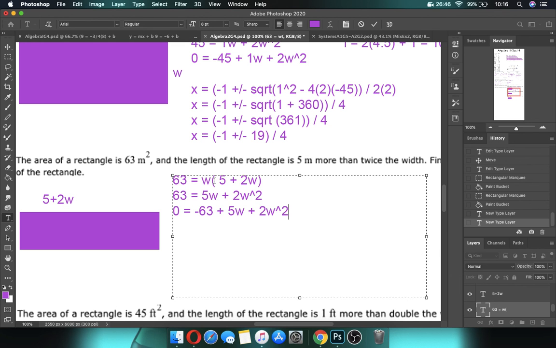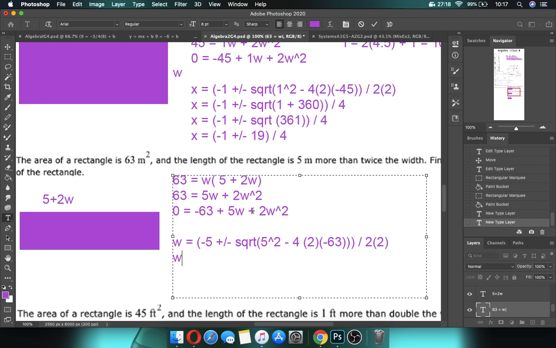All right, so quadratic formula, x equals, or in this case, w equals, because that's what we're looking for since that's the variable. Opposite b, so it's going to be negative 5 plus or minus the square root of b squared. So 5 squared minus 4 times a, which is 2, times c, which is negative 63. I might actually need my calculator for that. We'll find out. Let's see here. All over 2 times 2.